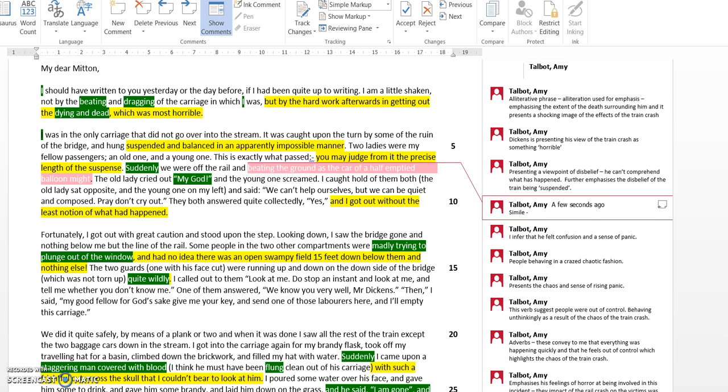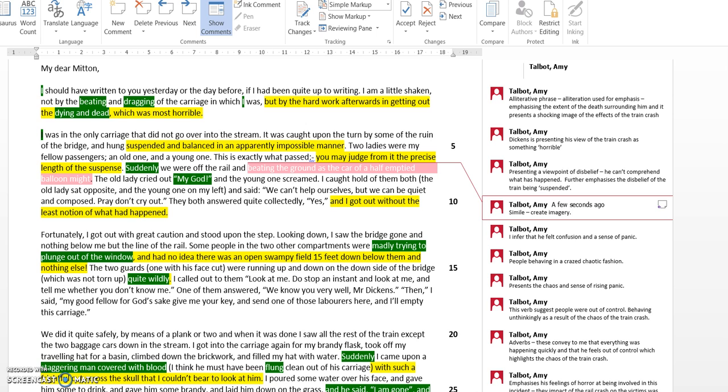And similes are usually used to create imagery. So, even though this is a non-fiction text, he's still employing techniques that are probably more literary. So, we were off the rail, beating the ground as the car of a half-emptied balloon might. So I get the impression that he's drawing a similarity between the carriage that he's in and a half-emptied balloon.